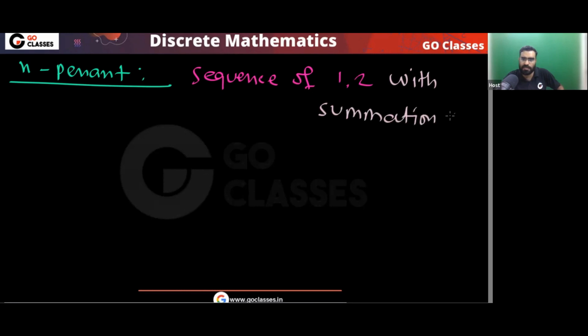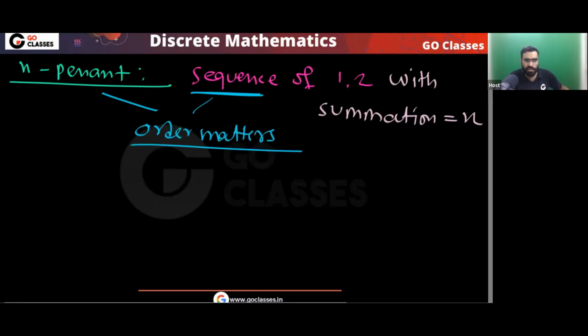And in this, order matters, right? This is already given in the question, that order matters. In which order you do, that matters. So can you create a recurrence relation for this? Now this is our method number 2 for solving this question.